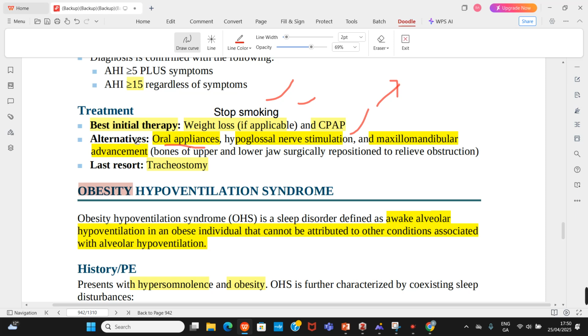So they try to recalibrate that, and they bring in the maxilla and the mandible to relieve the obstruction. The last resort is to put in a tracheostomy, but you'll never get to this. Trust me, this is debilitating. So it won't get to that.